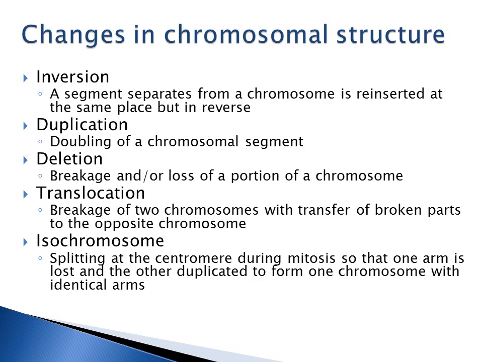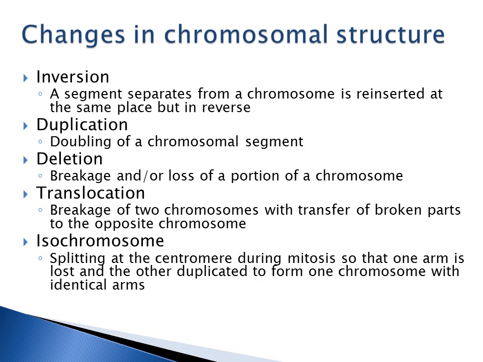We discussed chromosomal structural alterations in the last lecture, but as a review, you could have inversion, where a chromosomal segment separates and is reinserted at the same place but in the reverse direction. Duplication is when you get doubling of a chromosomal segment.